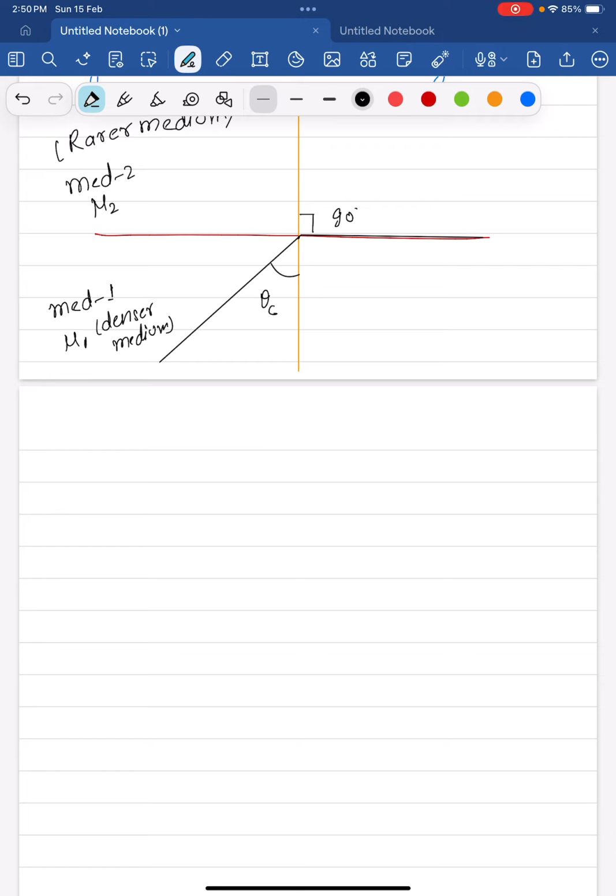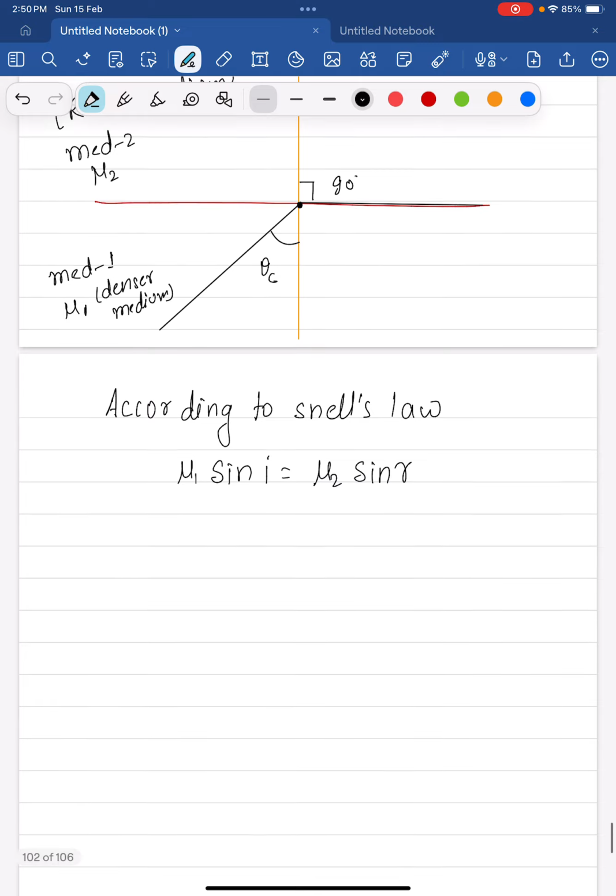According to Snell's law, refraction takes place here. So according to Snell's law, mu1 sin i will be equal to mu2 sin r.